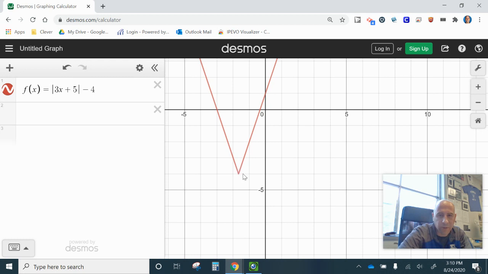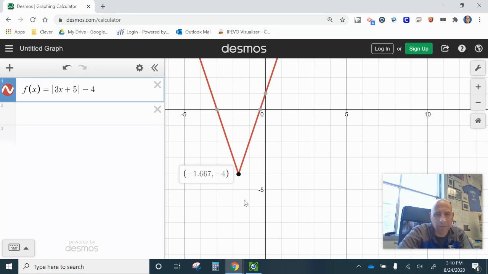It's not actually that. Okay, so I'm going to come back and change that point. You'll notice that the horizontal stretch and compression make things a little complicated. That's why I'm using Desmos to get the graph. That vertex is a little hard to see, and let's get the point there. It's saying negative 1.67, negative 4.